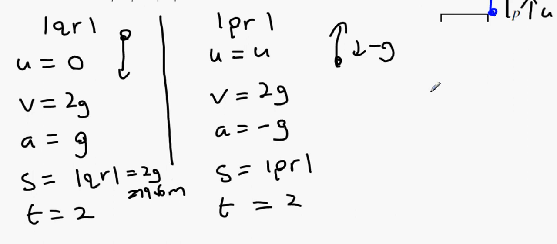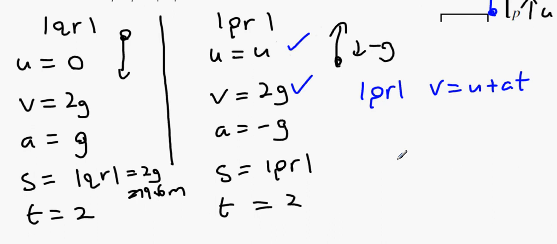So for PR, we'll use the blue pen, information set PR. We're going to use V equals U plus AT to find out what this is here. We already know V, but we want to find out what U is. So we can use this V to find the U for PR.